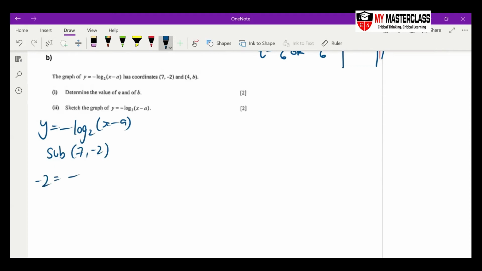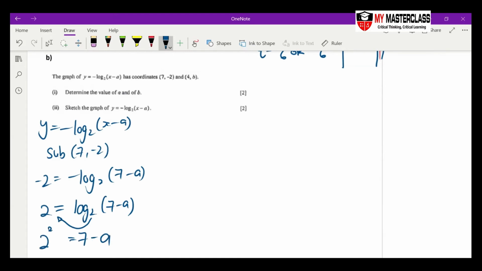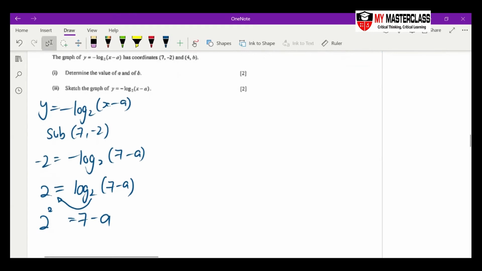Negative 2 equals negative log base 2 of 7 minus a. With negative 2 on both sides, 2 equals log base 2 of 7 minus a. The inverse of log base is base, so 2 to the power of 2 equals 7 minus a. Then a equals 7 minus 4, which equals 3.